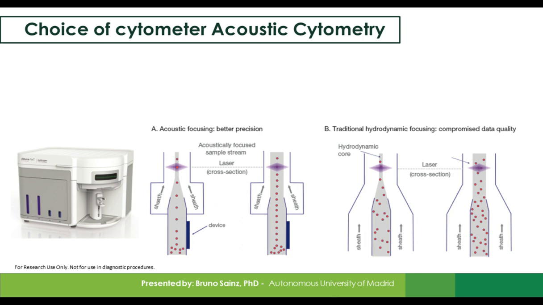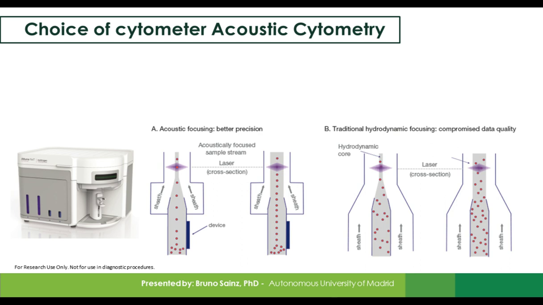So therefore, we believe that a flow cytometry-based approach is the best option for identifying circulating tumor cells and circulating cancer stem cells. However, you can see here on the right, traditional hydrodynamic focusing, which is the traditional methodology used for flow cytometry, and using this hydrodynamic focusing, cells are not aligned in a continuous stream, resulting in many events being lost at the time of sample event acquisition.